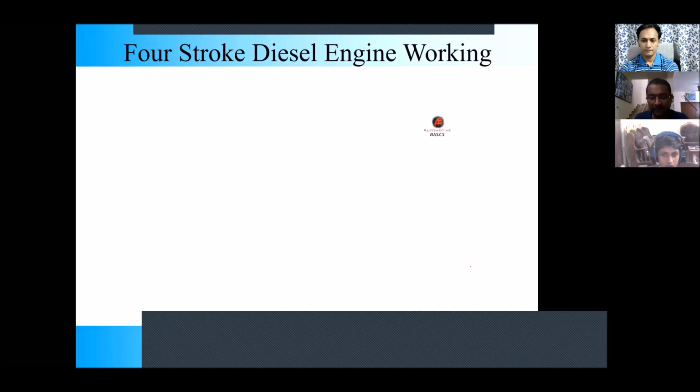Basically we are interested in a car or ship or your scooter, truck, anything. We are interested in rotary motion. So there must be some arrangement to convert this to and fro motion into a rotary motion.